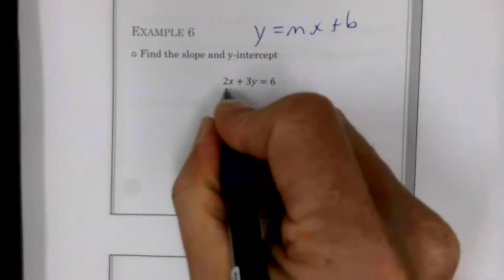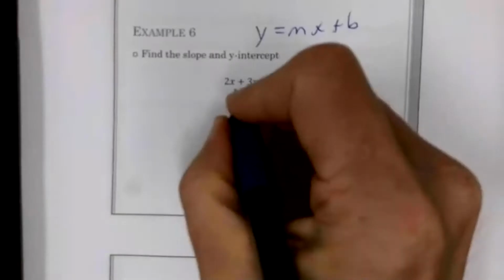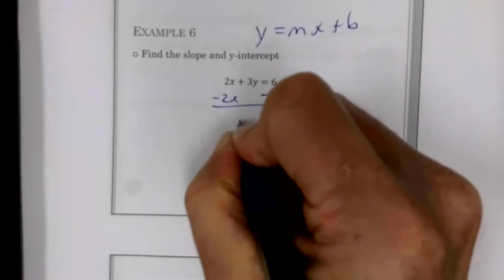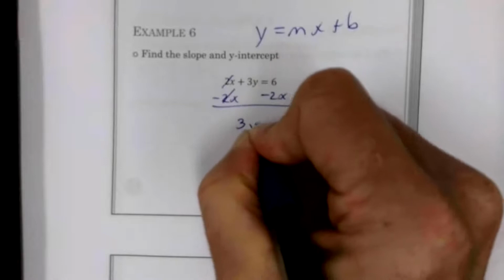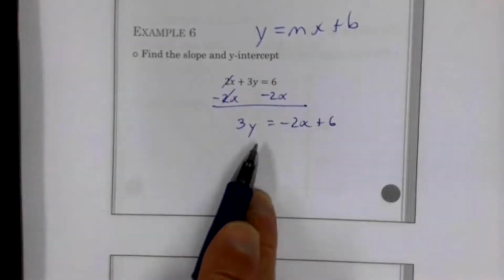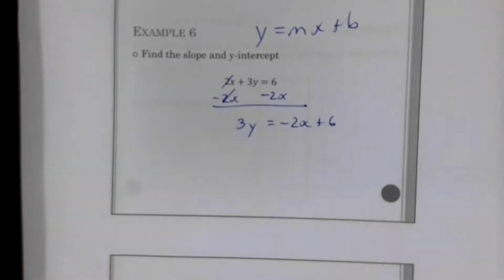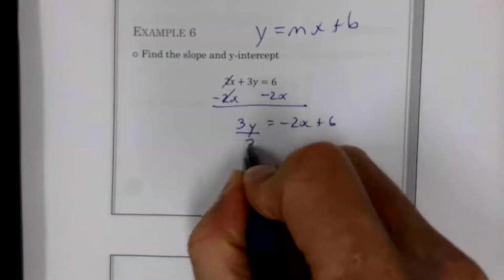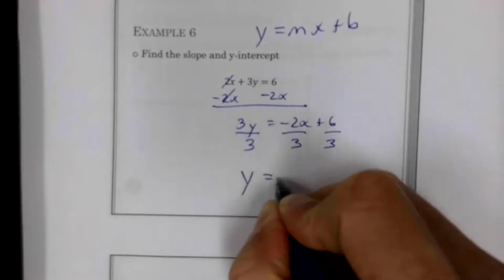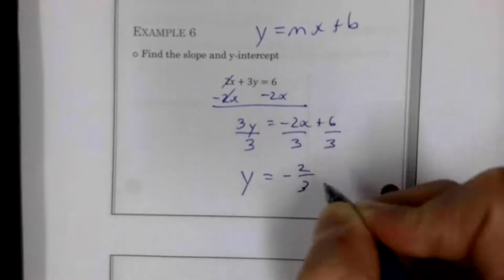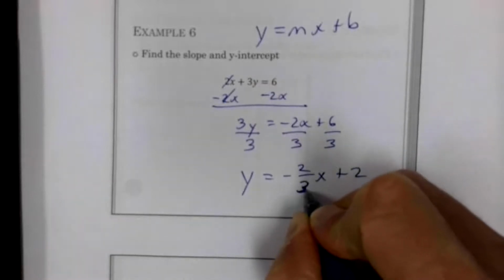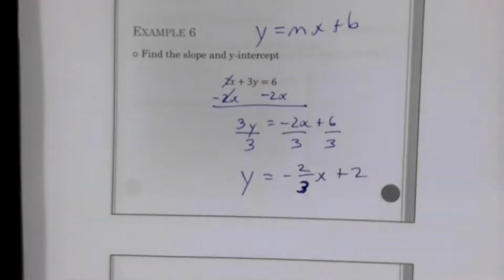So if you look at your equation, 2x plus 3y equals 6, I'm going to solve for y, so I'm going to subtract 2x. And then I got 3y equals negative 2x plus 6. I'm going to divide by 3. And that gives me y equals negative 2/3 x plus 2.